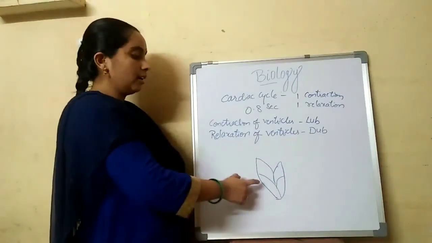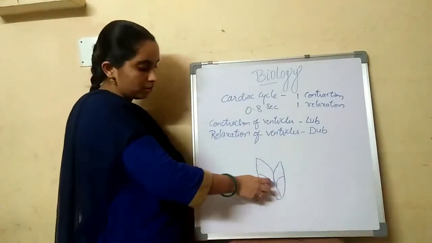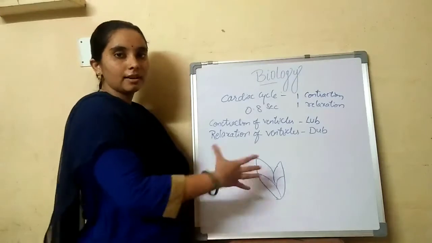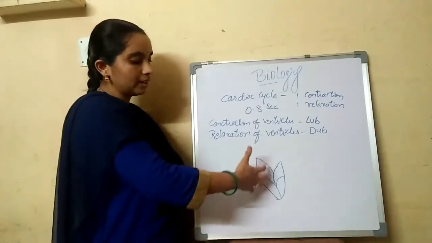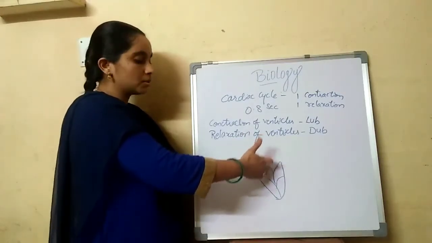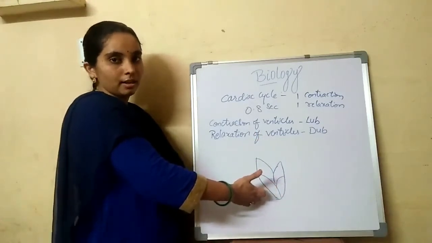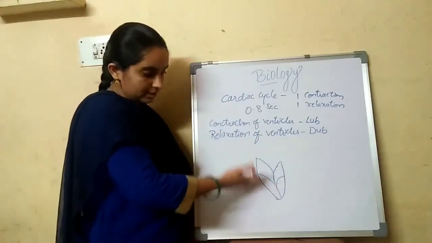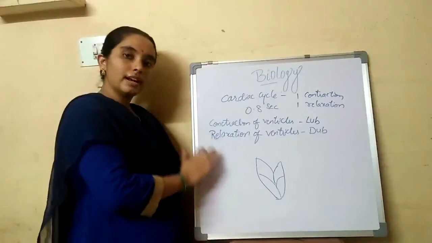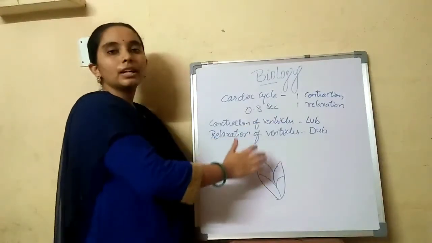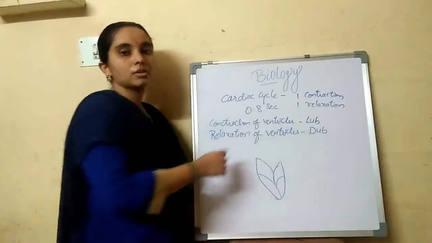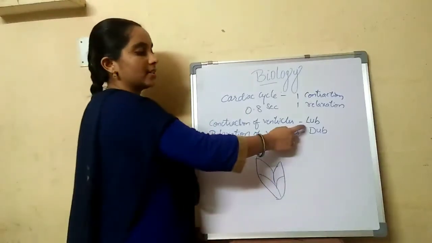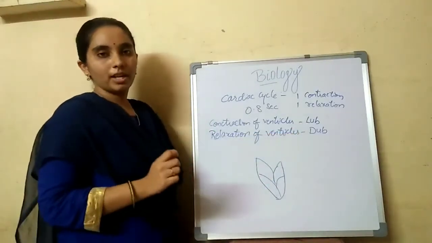Okay, and after it gives blood, the ventricles get relaxed, so that the blood from the atrium can be given to the ventricles again. So the relaxation of ventricles will produce the sound called dub. So these together give the sound lub-dub, that is the sound of our heart.